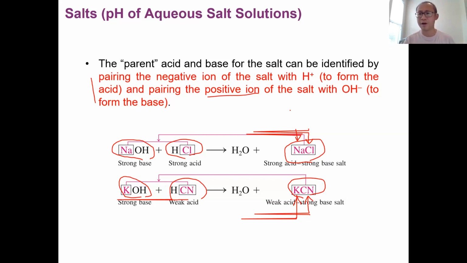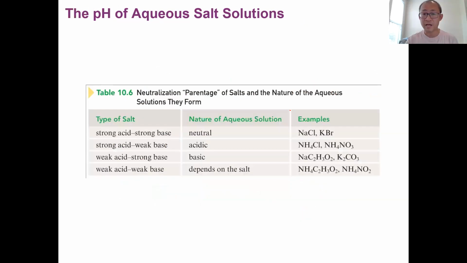Okay, you may wonder why do we do that? What's the use of this concept? Why do we need to figure out what acid and base the salt came from? Because with that knowledge, we can actually tell whether a salt, when dissolved in water, the solution is basic, neutral, or acidic.